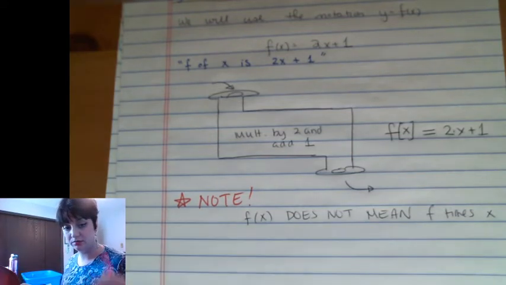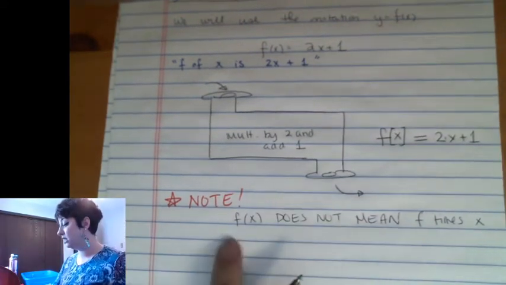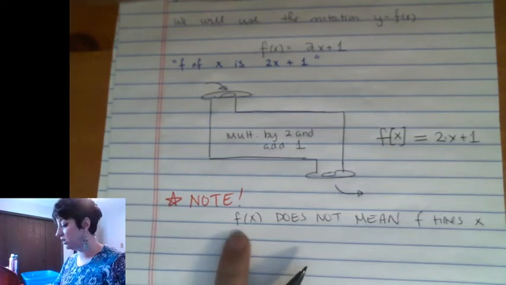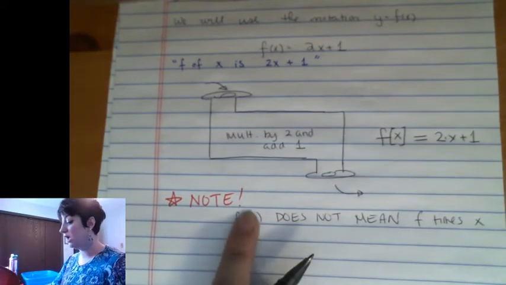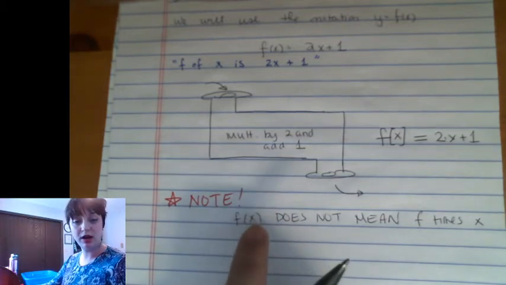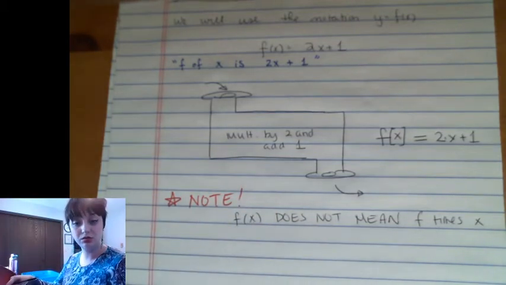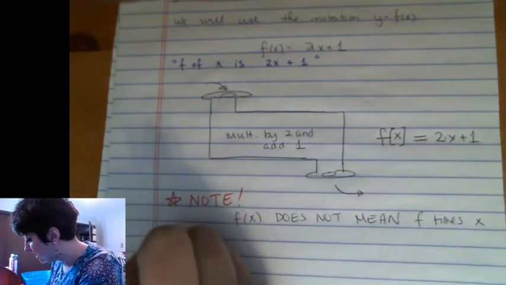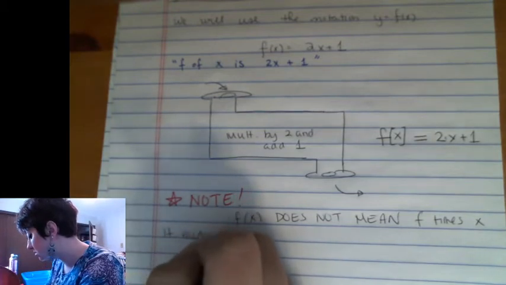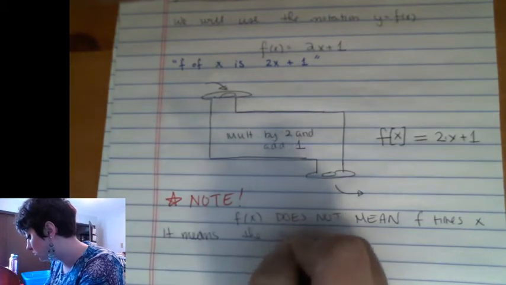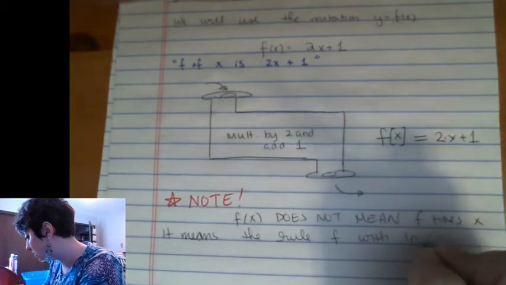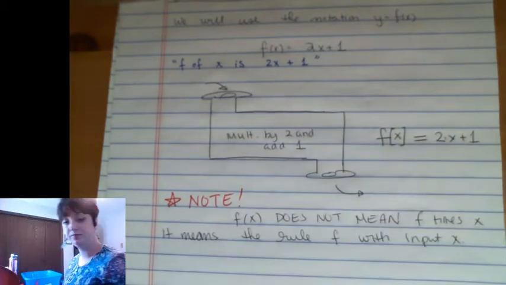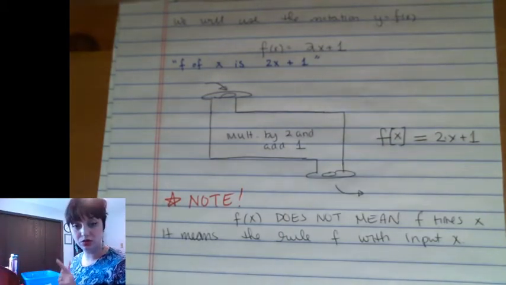That doesn't even make sense in this context. The f of x is just saying, here's the rule that multiplies stuff by 2 and adds 1. And then in my parentheses, I'm going to write what I want to plug into my machine. It means the rule f with input x. That's what this notation means.